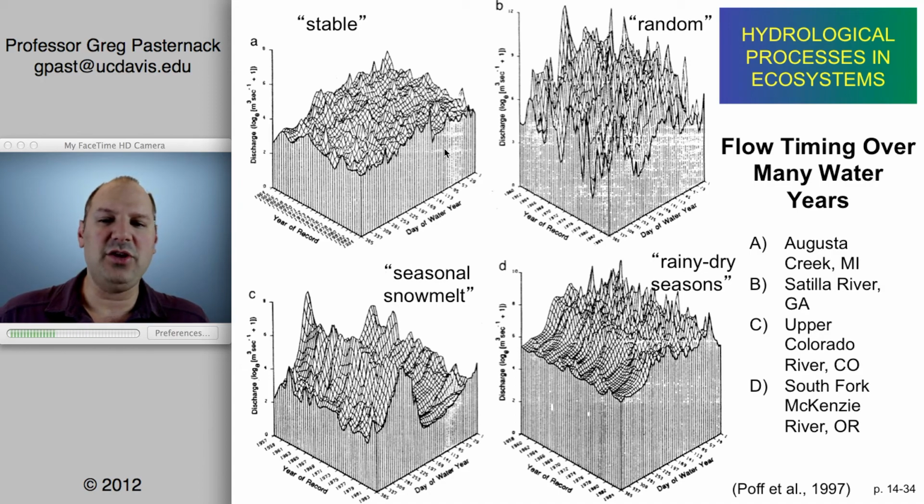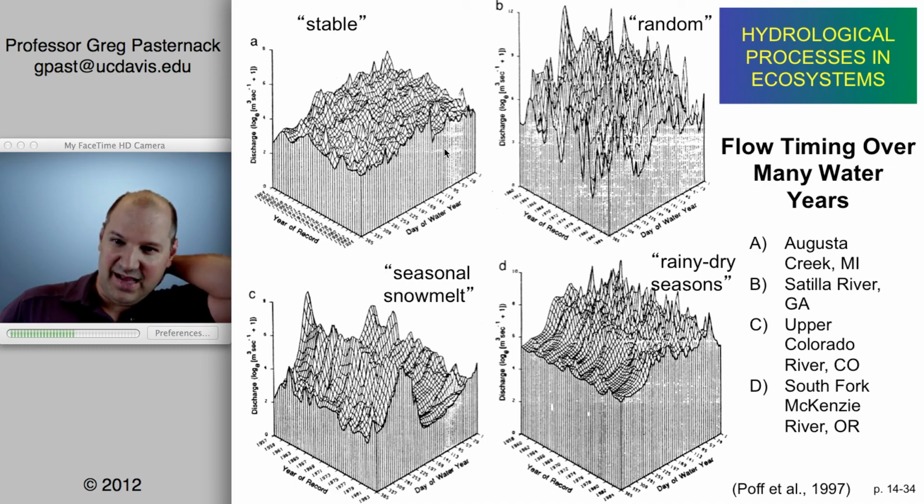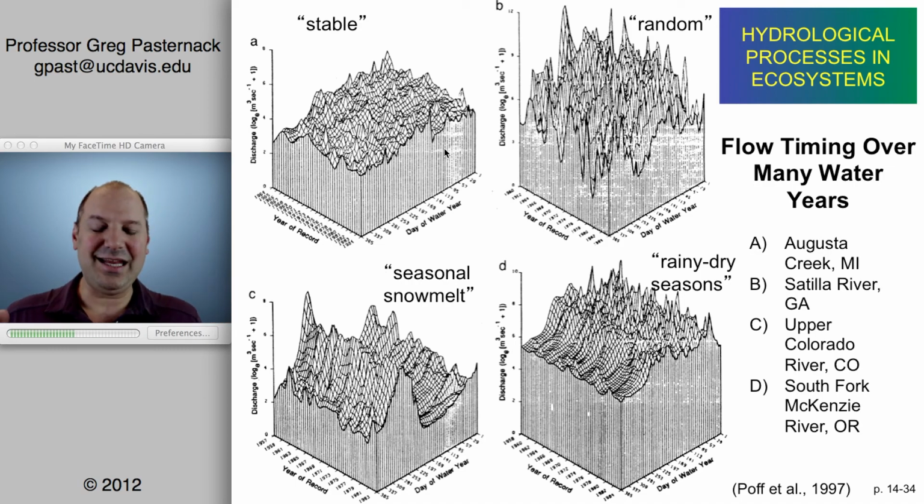This is something you can't do in Excel, but you can do with a lot of other kinds of software. And what you can see here are different signatures of the timing of flows. So the first one in the upper left has fairly moderate flows with high base flows and not so high peaks, whereas this next one has wide variation in flows.